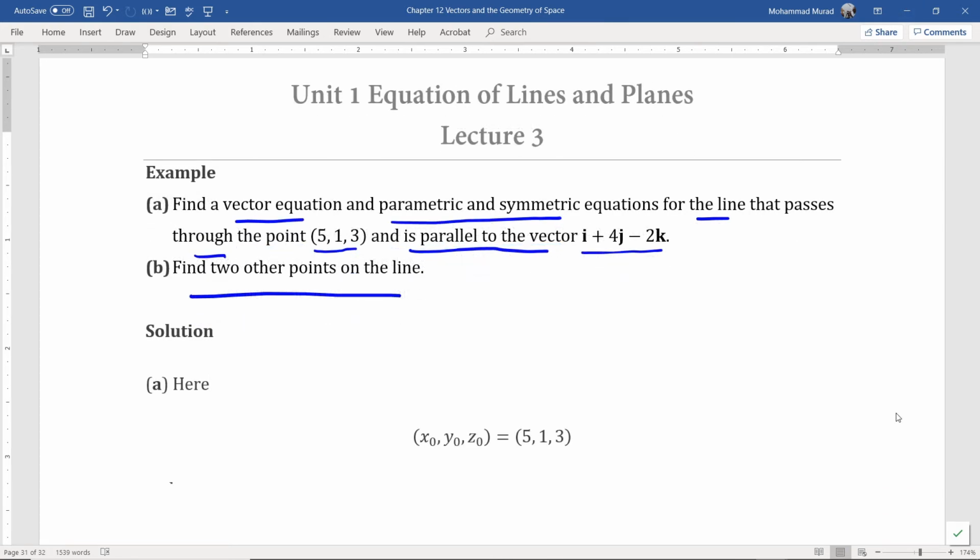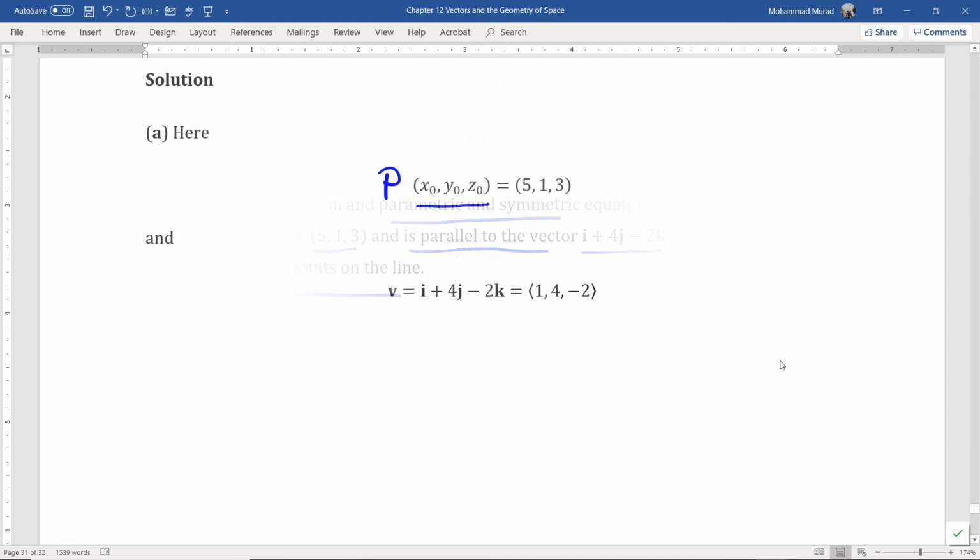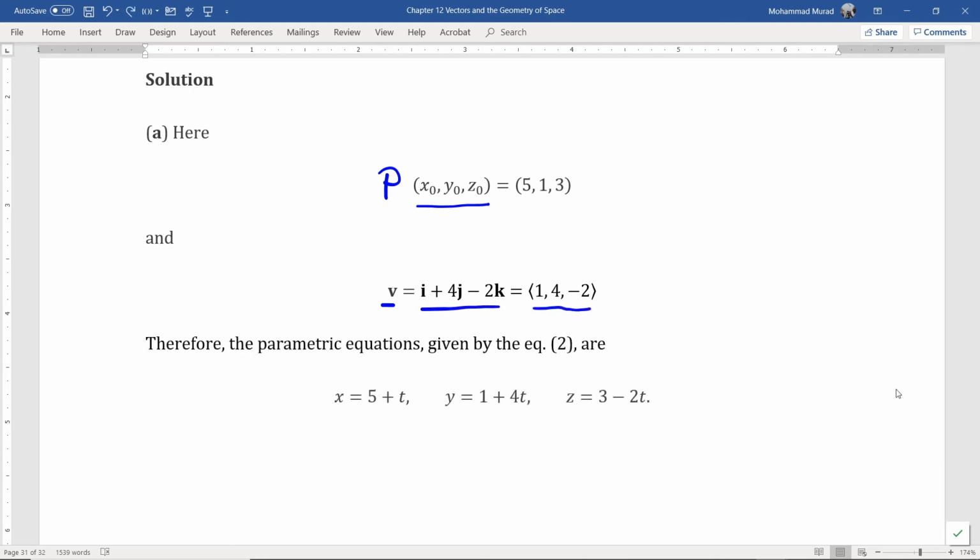Here, the coordinates of the fixed point x sub 0, y sub 0, z sub 0 are 5, 1, 3 respectively. And the vector is i plus 4j minus 2k.